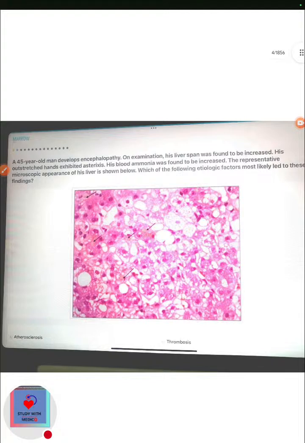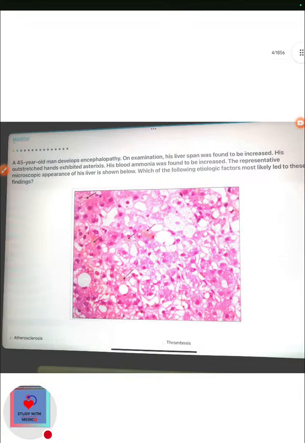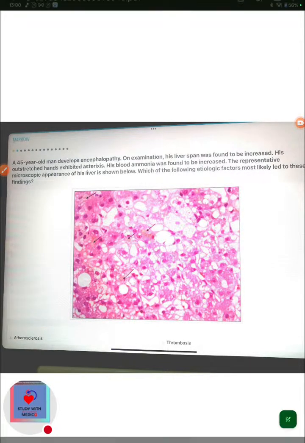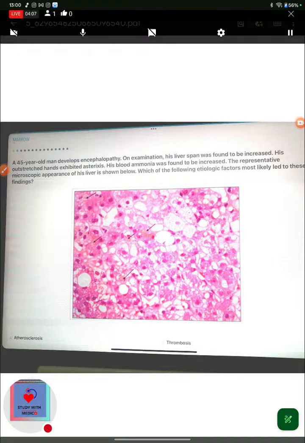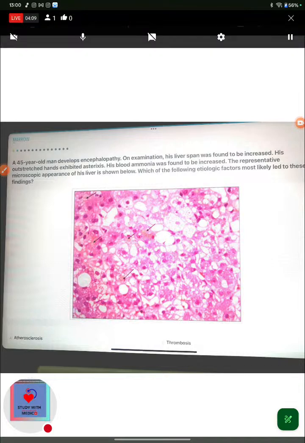I'm not able to figure out whether this way the view is good or that way.